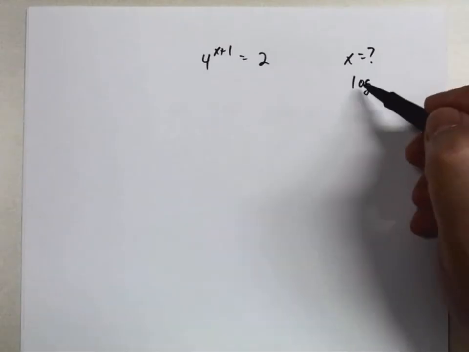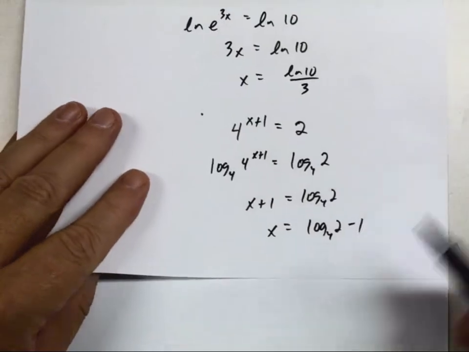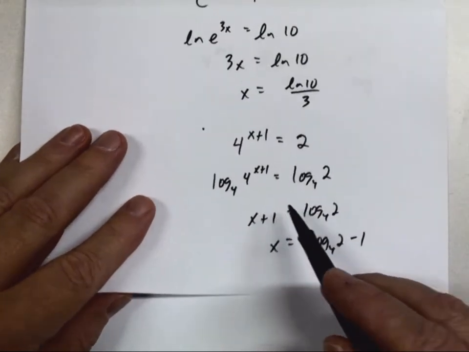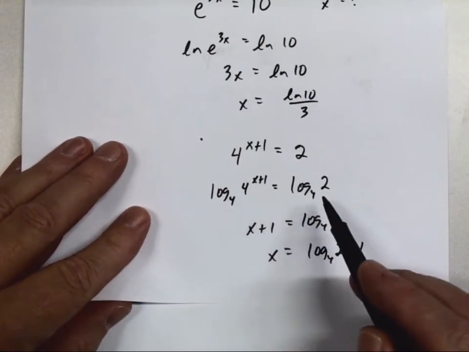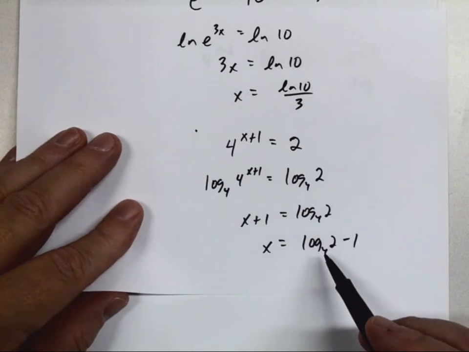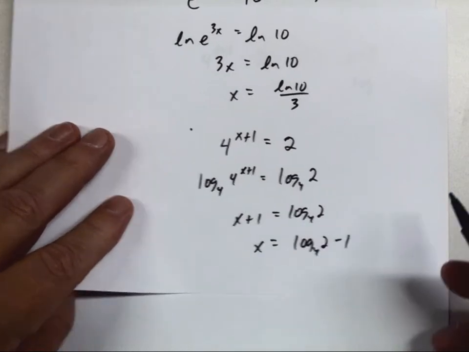Now when they specifically ask for log base 10, then I can't take log base 4 of both sides, because look at my answer, it's got log base 4. I need to have log base 10.